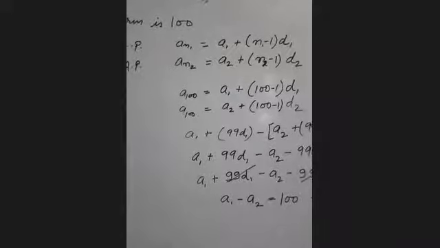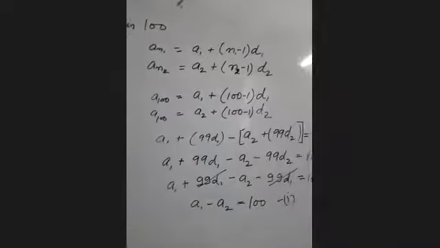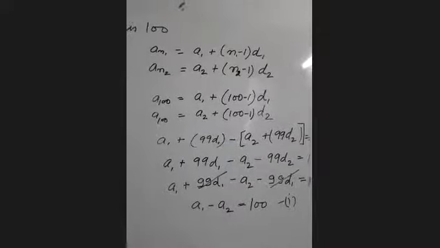Next, the second one. Now the question is asking what will be the common difference when these APs are having 1000 terms. So we'll be doing the same way, but now we are taking n as 1000. Earlier we had taken it as 100 because 100 terms were given, and now 1000 terms are given.